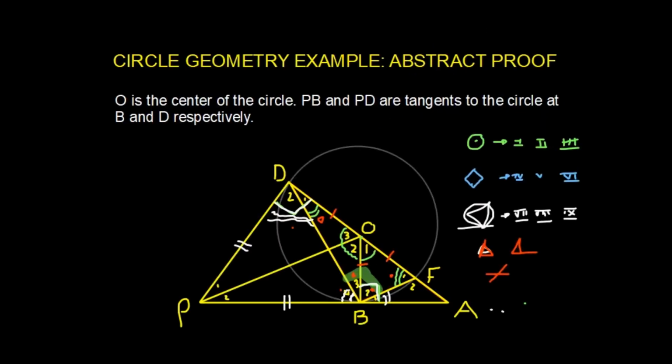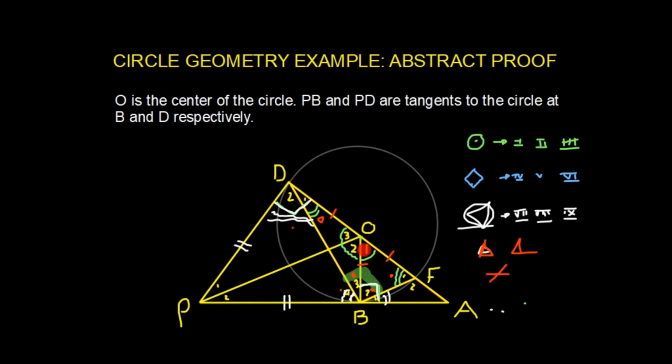But I want to revert your attention back to the beginning where we look at these green little arches here. We saw that O1 was double D1 using theorem 2. Remember, we focused on B and F. We went to the center, and then we went to the circumference. And just in the previous question, we said P2 and D1 are equal because they are angles in the same circle segment using the cyclic quad.